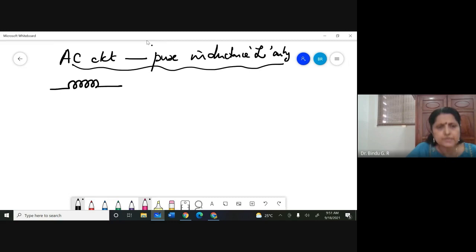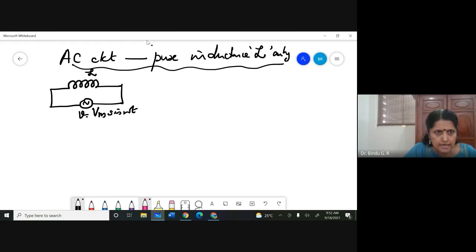Inductance, as you know, is represented by a coil like this, and I have a source where V is equal to Vm sine omega t. This is my inductance L, and I have a current I passing through it.